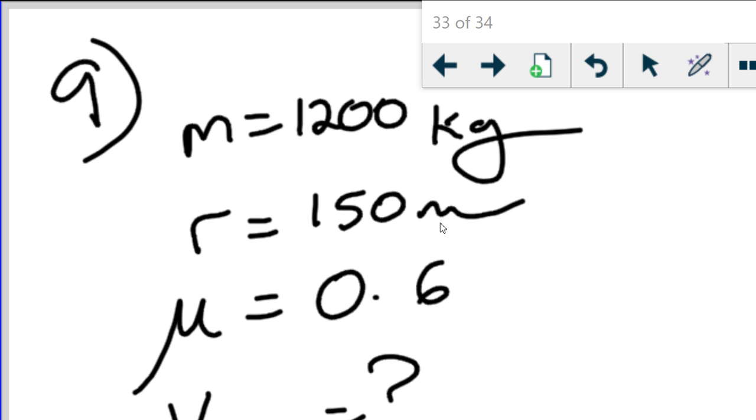The string, right? So for this one I could write centripetal force equals tension, right? Or if I'm looking at a satellite orbiting the Earth, I could write centripetal force equals the force of gravity, right? So sometimes it's not that hard to figure out where the force comes from.